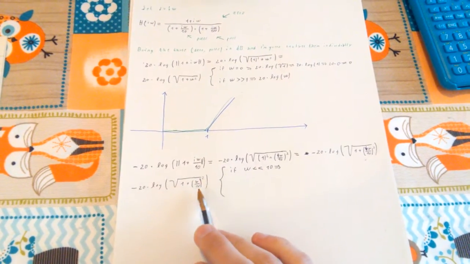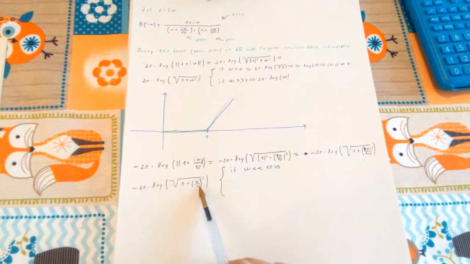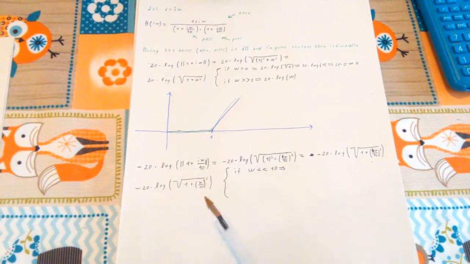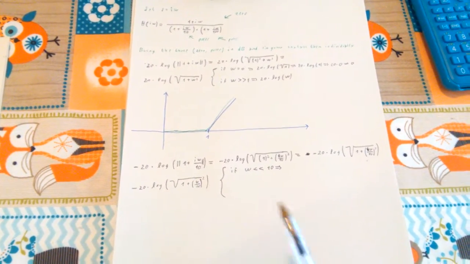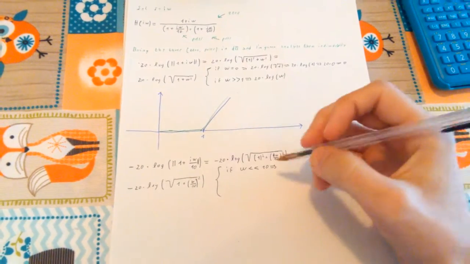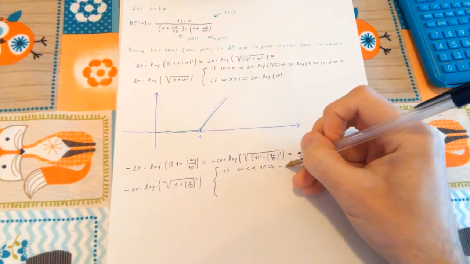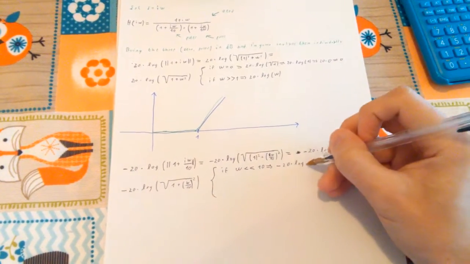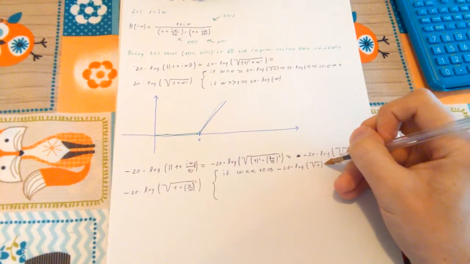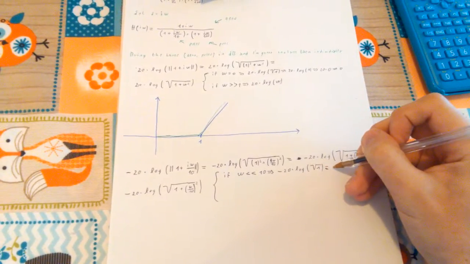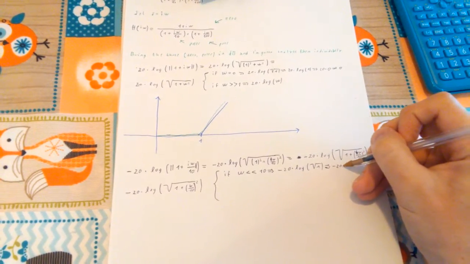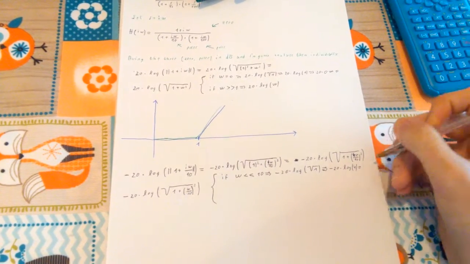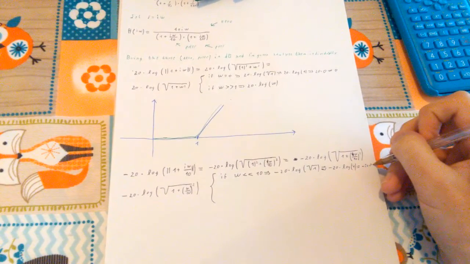It's like setting these to negative infinity, this one to 10. Negative infinity is something really, really small, and divided by something really, really big is just going to be 0. So we essentially would have negative 20 times log of the square root of 1. But again, this means that we have negative 20 times log of 1, which is essentially negative 20 times 0, which is 0.